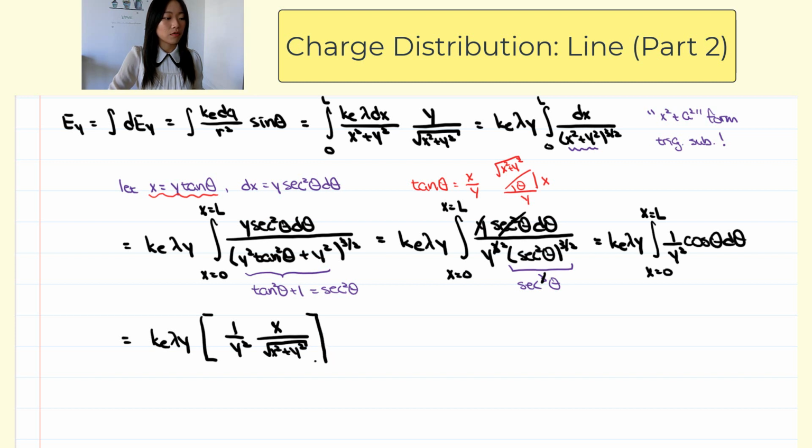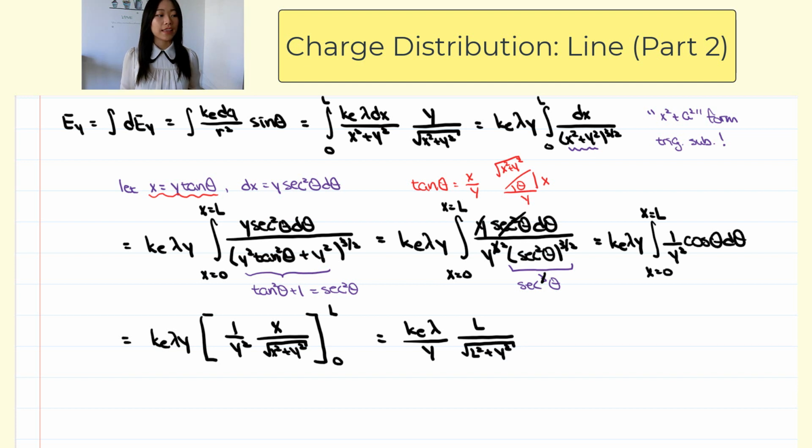And the integral goes from 0 to L. Then I pull out the 1 over y squared. This equals Coulomb's constant times lambda divided by y times, I substitute x equals L, so L divided by the square root of L squared plus y squared. And that is the magnitude of the y component.